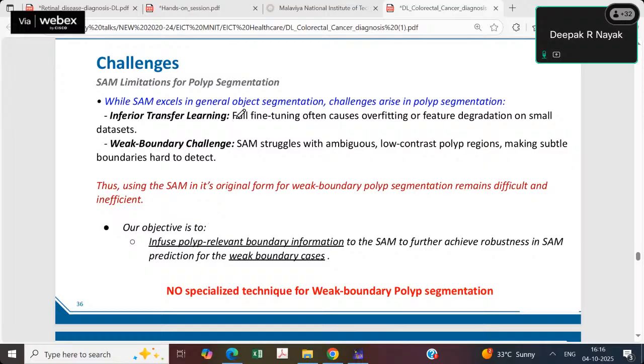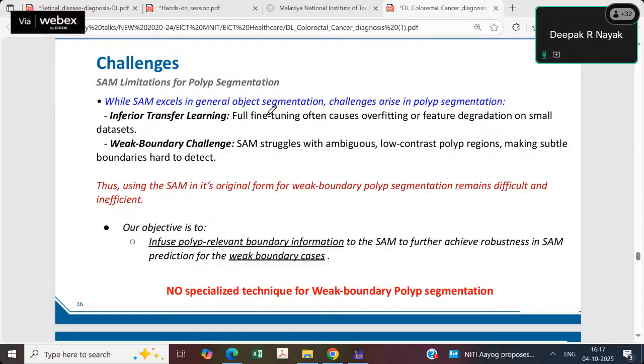That is why we proposed SAM Mamba, where we used adapter modules, or adapter-based fine-tuning, to train the SAM model, because training the SAM model always takes a lot of time. In that architecture we also introduced a Mamba prior module to inject polyp-relevant information into the adapter and of course into the SAM encoder modules. That is what we have seen.